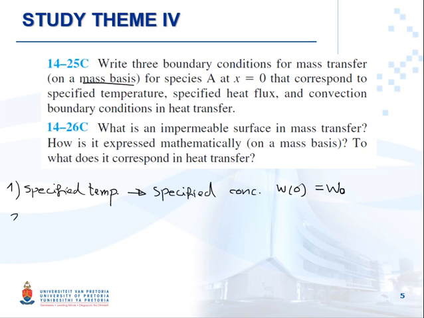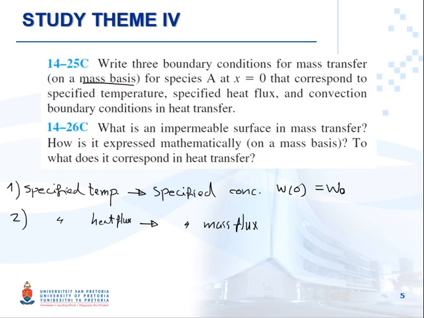The first one. The second one is a specified heat flux. So a specified heat flux is equal to a specified mass flux. Why mass flux? Because we said that it should be mass flux.